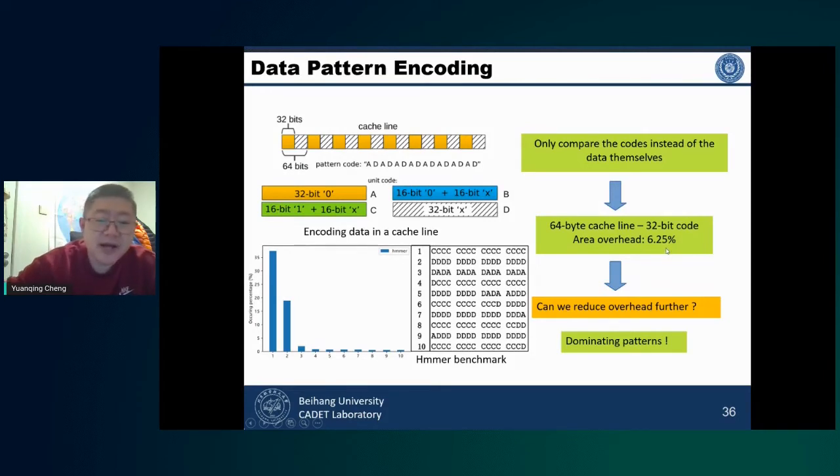To reduce the overhead further, we noticed that some dominating patterns appear during application running. It means that we need not record all the data patterns. We only need to select these dominating patterns and encode them so that we can reduce the code area overhead.